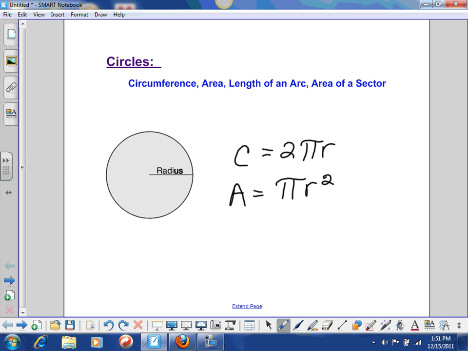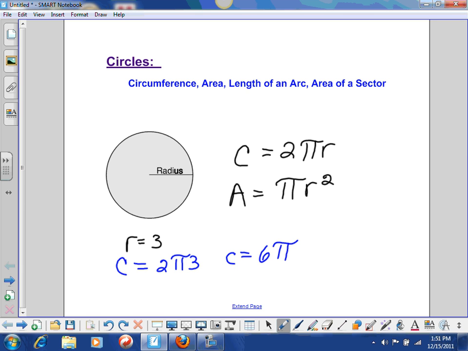So if they said our radius was equal to 3, for our circumference, our formula is twice times pi times 3. We can change the order because it's commutative, which gives us circumference is equal to 6 pi.